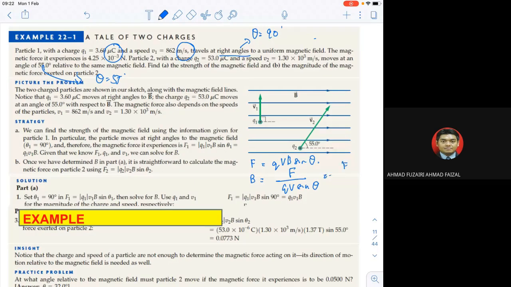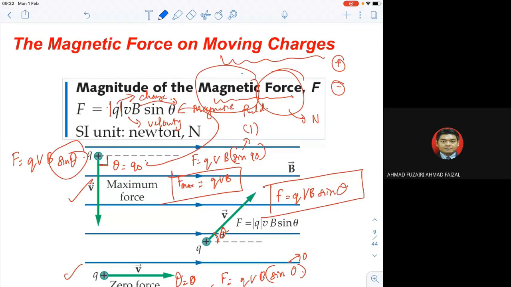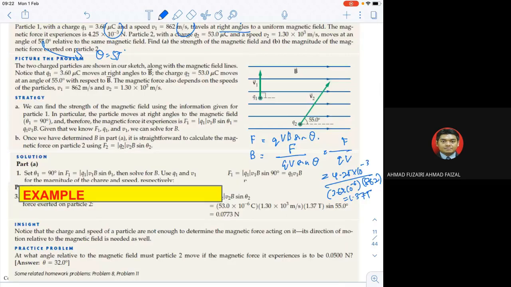So B equals F over QV. F is 4.525 times 10 to the power of negative 3, divided by Q, which is 3.6 times 10 to the power of negative 6, times V, which is 862. The answer, not stated here, is 1.37 Tesla. Tesla is capital T.